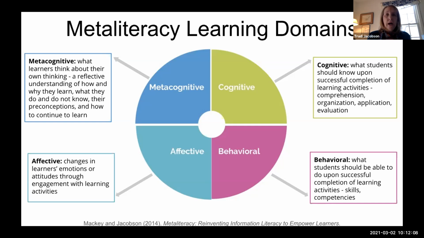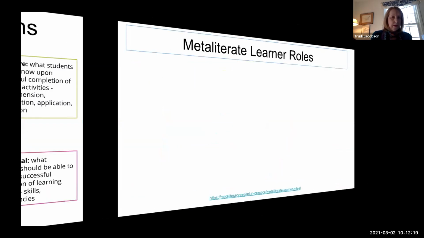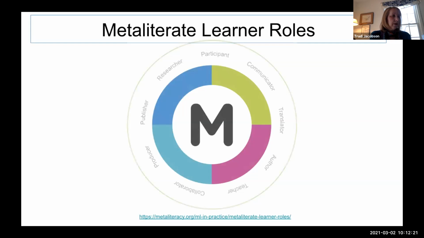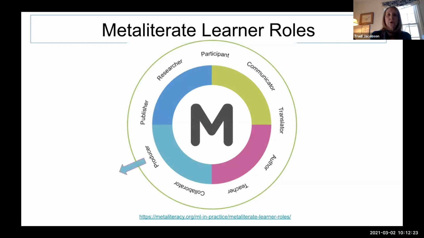And then the metacognitive: what learners are thinking about their own learning, what it is they still need to learn, that type of thing.